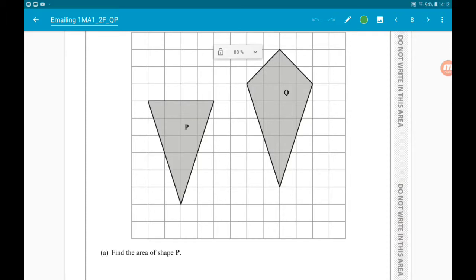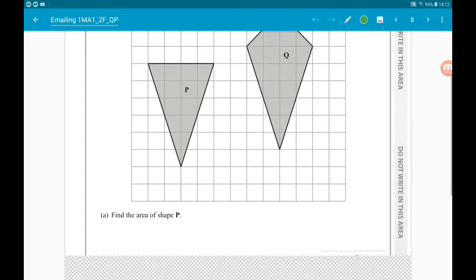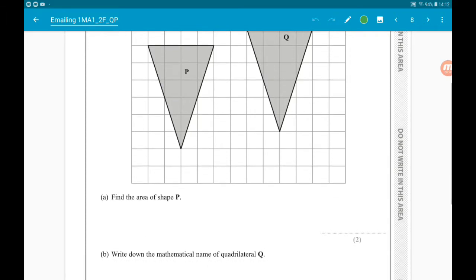Okay, number 10, we have 2 shapes drawn on a centimetre square grid. So, shape P is one of those triangle things, and the name of Q is part B, so no spoilers.